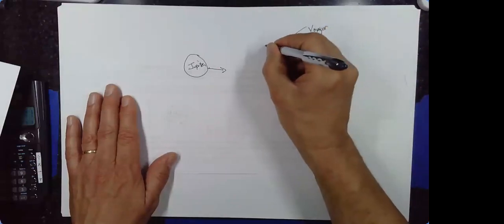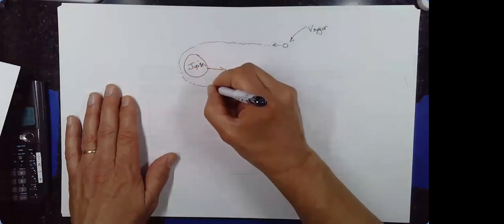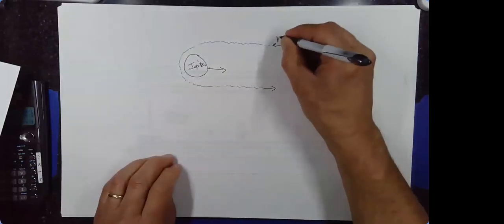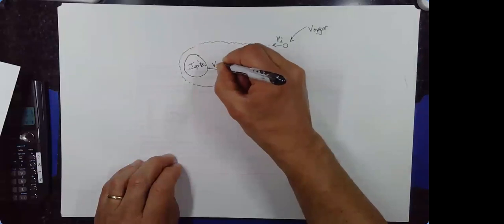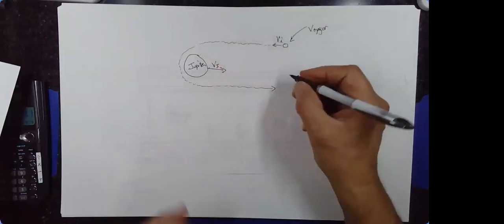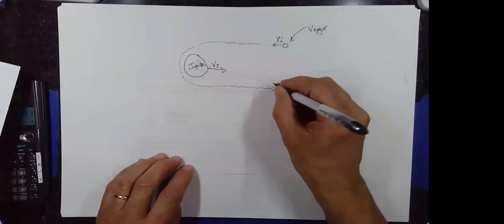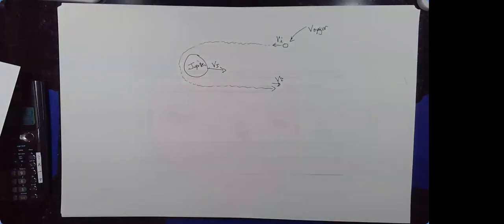What happens is it has this encounter with Jupiter where Jupiter's gravity slings it around, and it's got a V initial. This is the speed of Jupiter. And then the spacecraft will have a V final as well down here. So that's the effect that occurs in this case.